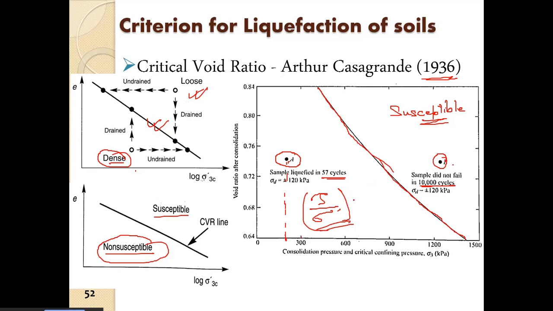Of course, we are going to see that when we do the quantification and evaluation of liquefaction. So here at low confining stresses, though the soil was in the non-susceptible zone, it liquefied, and here, due to very high confining stresses, though it was in the susceptible zone, it did not liquefy.